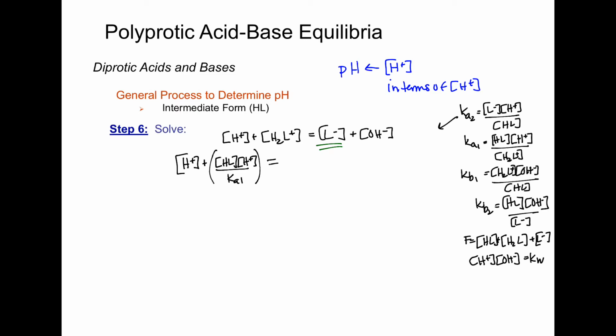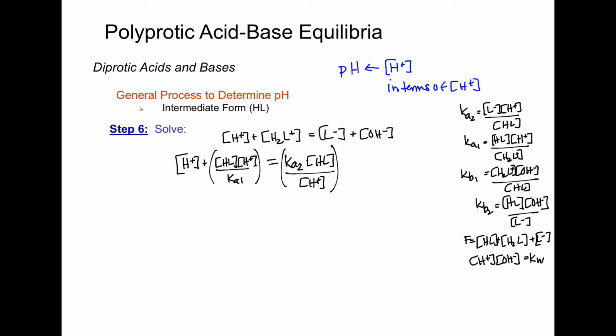I'm trying to get L- by itself on one side. So that would be Ka2 times HL divided by hydrogen ions would be L-, like that. So I'm going to substitute that in for L-. So I've done that there.